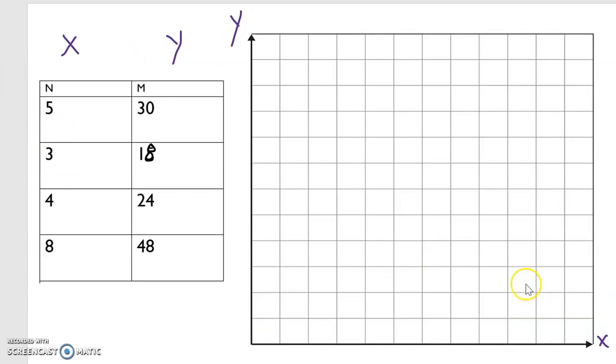In this example, we're going to see what it looks like when we have a different scale. Looking at these x values, the lowest number is 3, the highest is 8. So relatively small numbers, I'm going to use a scale of 1 along my x-axis. So I'll put these numbers directly above the line, and I can stop once I get to 8.